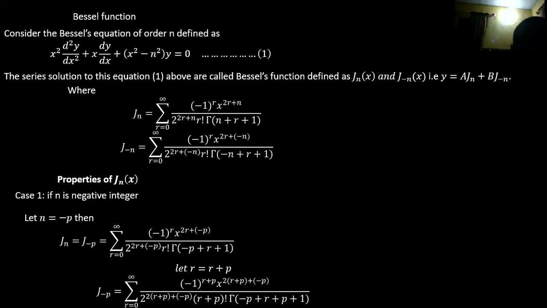At the end of the day, I'm going to have summation r from 0 to infinity of minus 1 raised to power r plus p, x raised to power 2r plus p divided by 2 raised to power 2r plus p, the gamma of r plus p plus 1, the gamma of r plus 1.